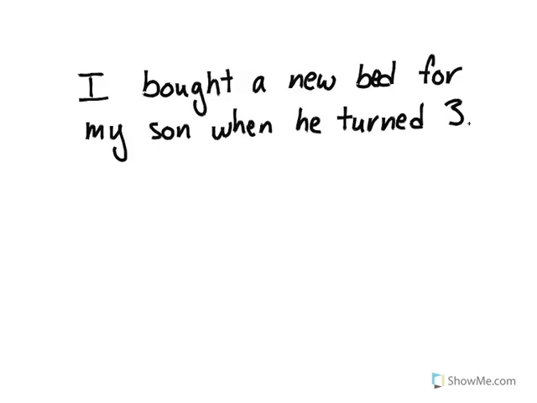You can also do this for sentences when they are longer and include more information after the indirect object. So for example, in this sentence, I, the subject, bought, the verb, a new bed is the direct object, and my son is the indirect object.